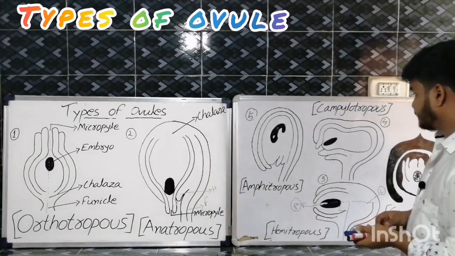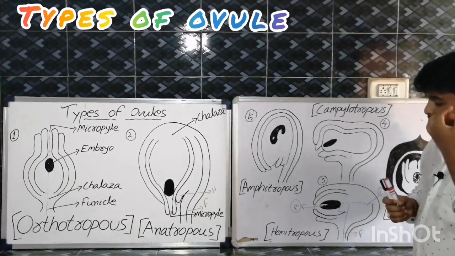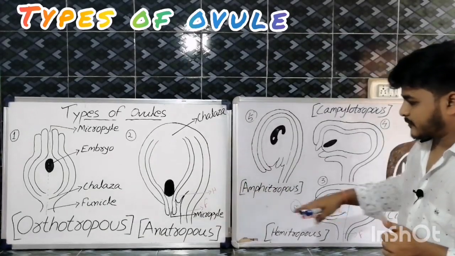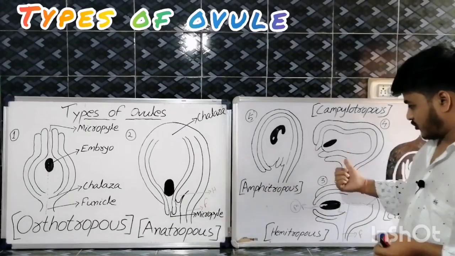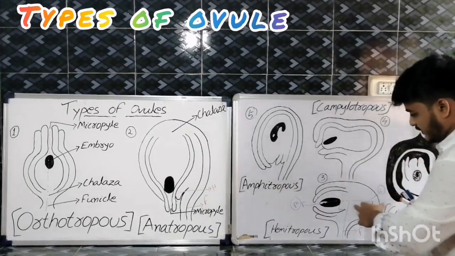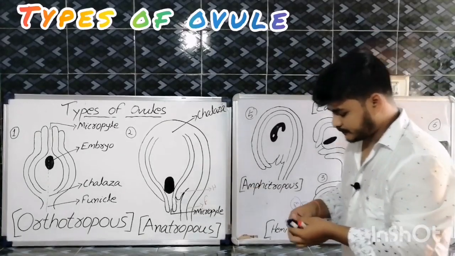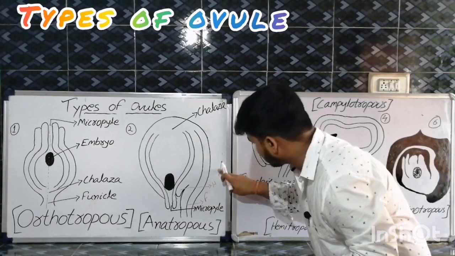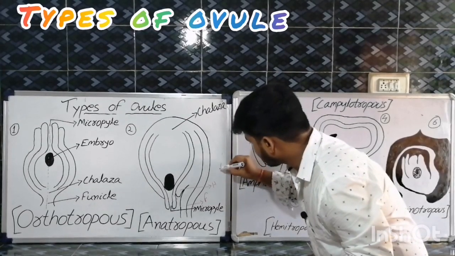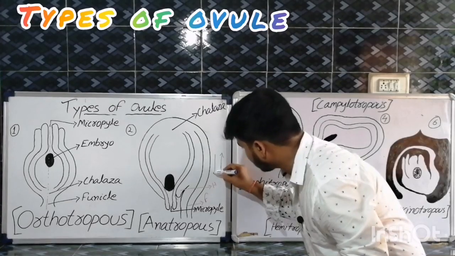Next, your campylotropous ovule. It is quite similar to these two, that means your anatropous ovule and your hemitropous ovule. This structure is in between: it is your 90 degree, it is your 180 degree, that means it is opposite. You see the funicle in this direction, but the micropylar end in this direction.